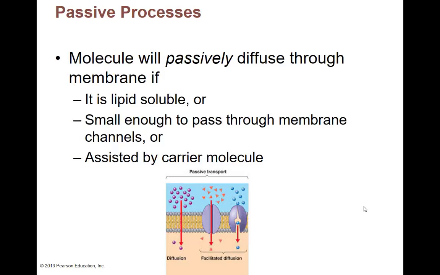So when the picture says diffusion on the bottom, write simple diffusion. There are some molecules that don't care that there are hydrophobic tails there. Some things do, and they can't go through. But if it is small enough, it has no problem interacting with those tails. If it can go straight across the membrane without any assistance, it's called simple diffusion.